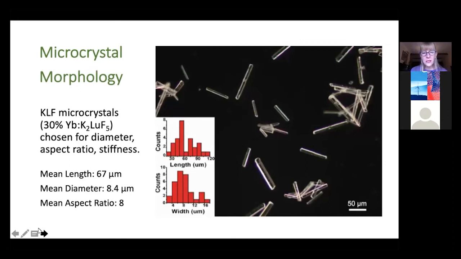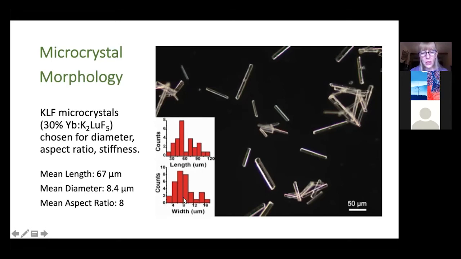And you can see the distribution for a fairly small number of crystals on their length, ranging from 20 to 120 microns. And then their width or diameter ranging from 2 up to 18 microns.